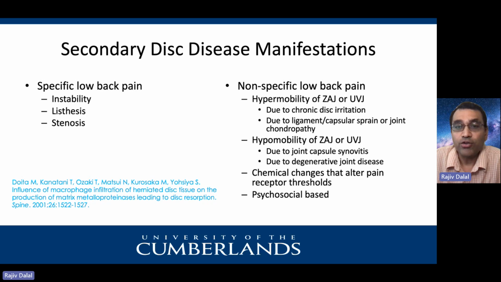And so this can occur due to a chronic disc irritation, secondary disc disease again, or some type of ligament capsular sprain, or even joint chondropathy. Or you could have a hypomobility, which is a decreased amount of movement resulting from movement of these joints in between these segments. And this often occurs due to either a joint capsule synovitis or degenerative joint disease, which goes hand in hand with degenerative disc disease.